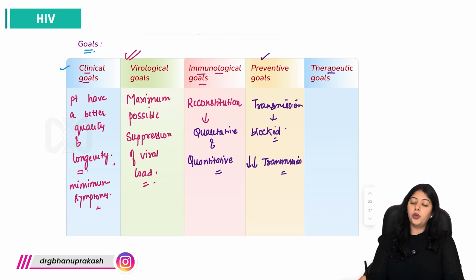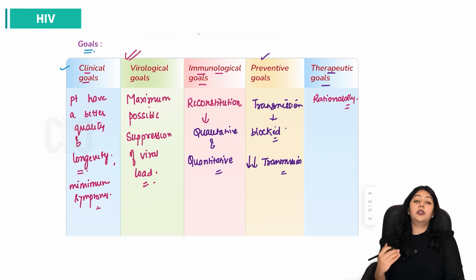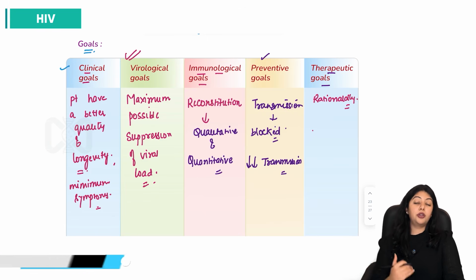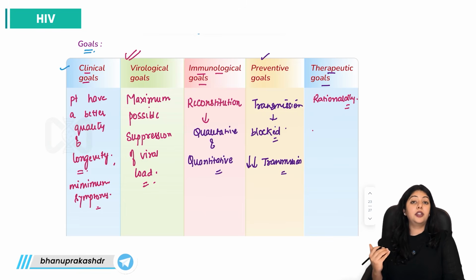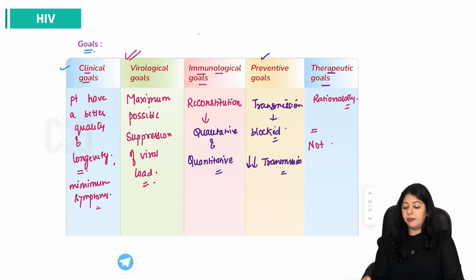And therapeutic goals say that there should be rational sequencing of drugs. The drugs should be sequenced so rationally that the virological and immunological goals are doing well for the patient, and the patient should not develop any sort of resistance.